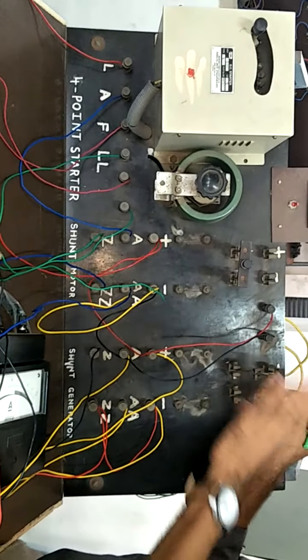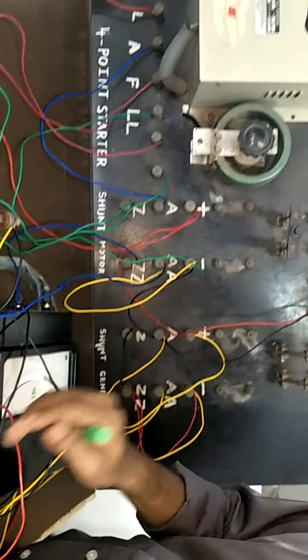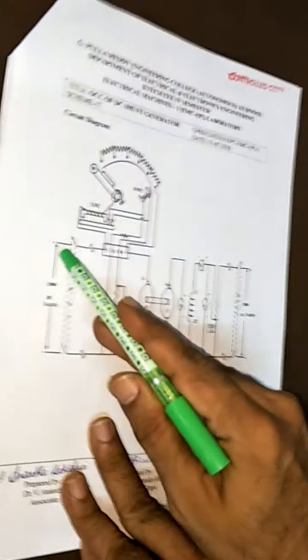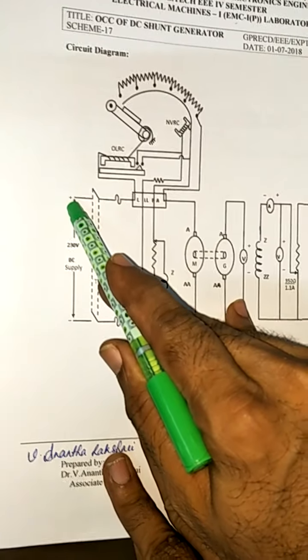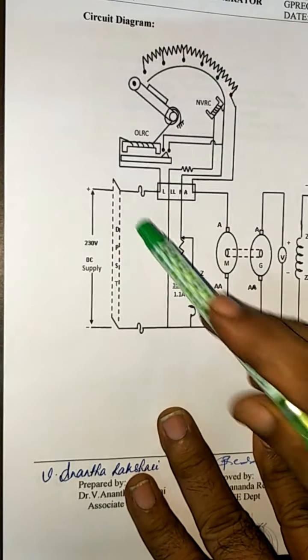Is it clear? Now coming to the connections, first let us start from the DC motor. For the DC motor, the connection is given from the positive supply to the L of the starter through the fuse.